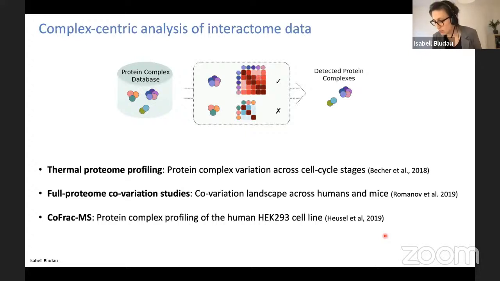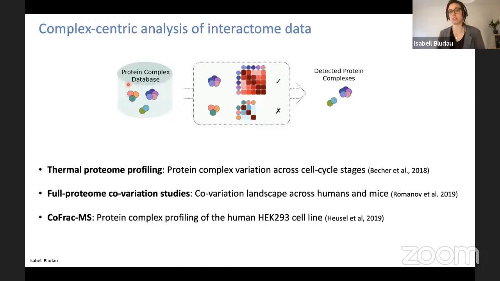So we have a question here, I quickly check. Which type of software do you use to assess the statistical significance of interaction results? In other words, to check if the enrichment of certain proteins is significant. This is a very good question. Usually what we do is we take a protein complex database, as you can see here, and then we also generate a protein complex decoy database.